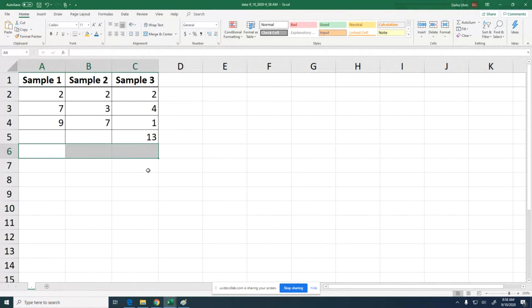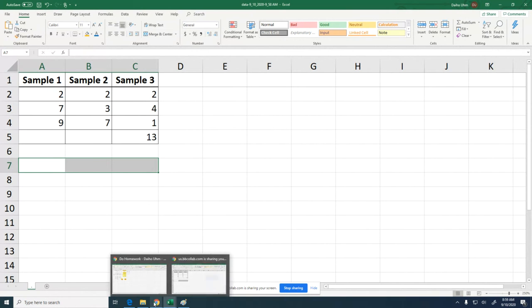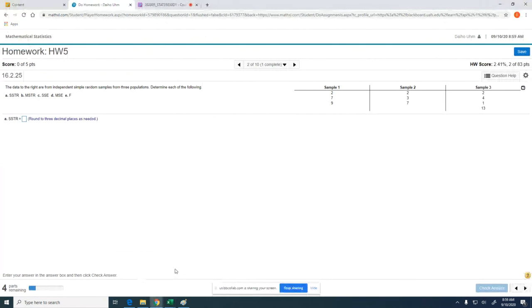And now you can take the average sample size and take the SSTR, SSE in Excel, right? Yeah. So in this homework, I recommend you open them in Excel, and why not?